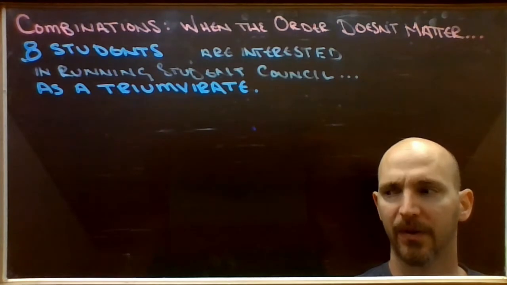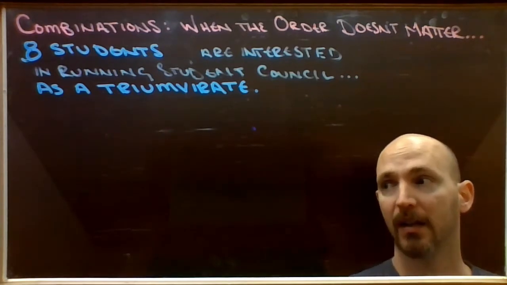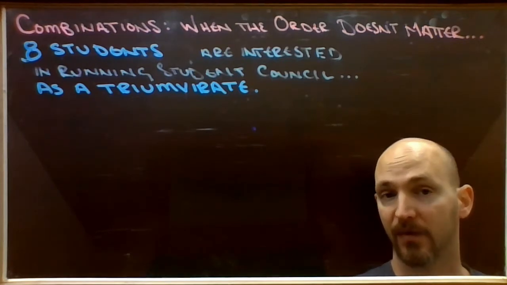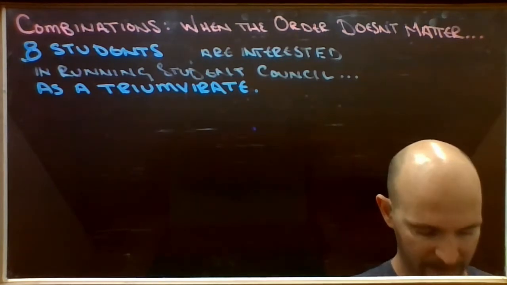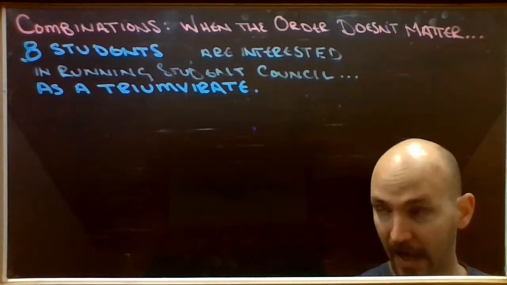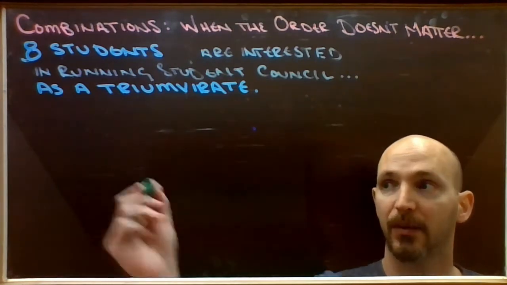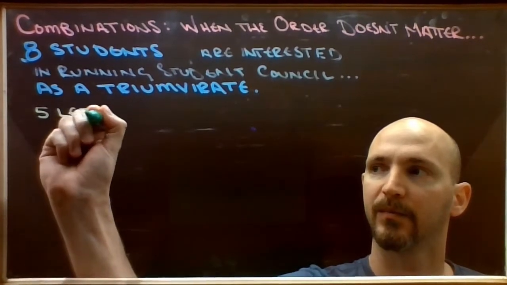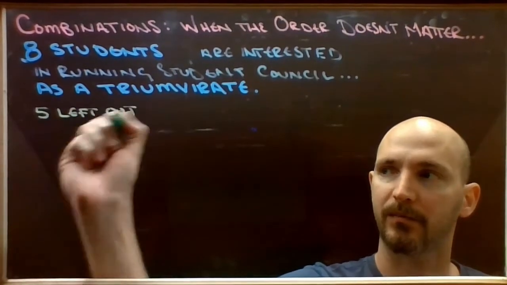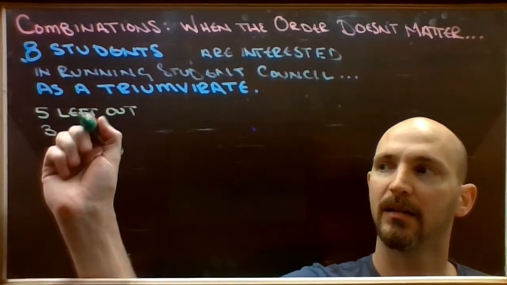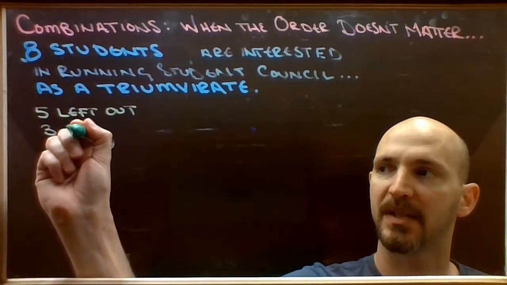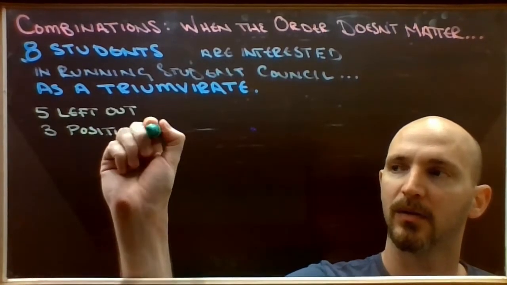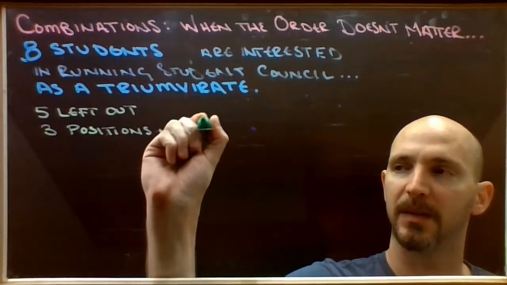So it's irrelevant whether you're the first person chosen for it, because the second person is just as capable or powerful as the first. So if we were to do this, having 8 people and choosing 3 means that there are 5 left out and 3 positions whose order needs to be eliminated.